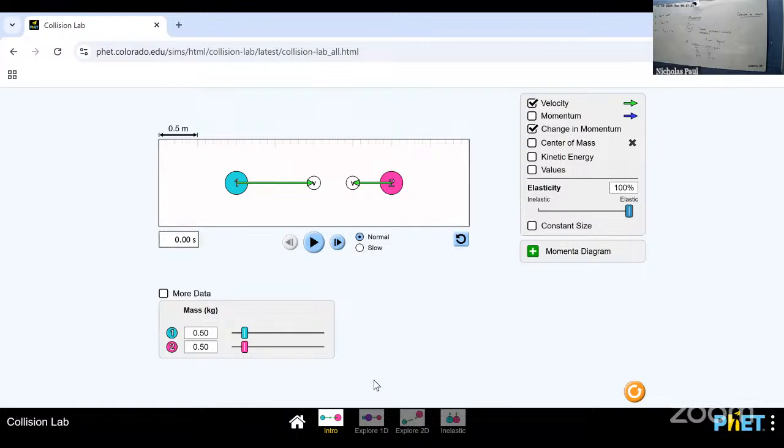That's good. Same mass. What does a line mean? Right, it gave us how we can control the velocity. So what?